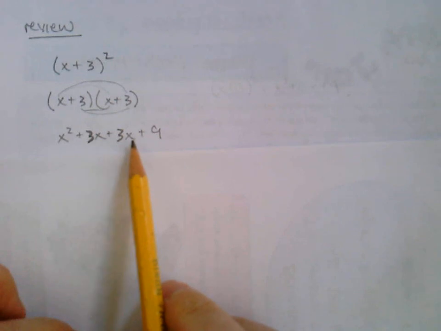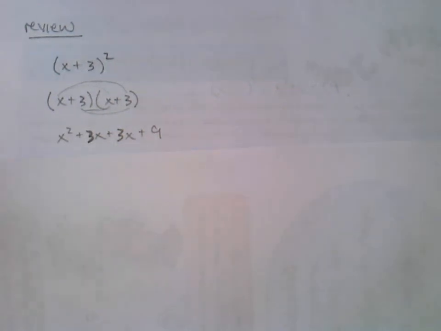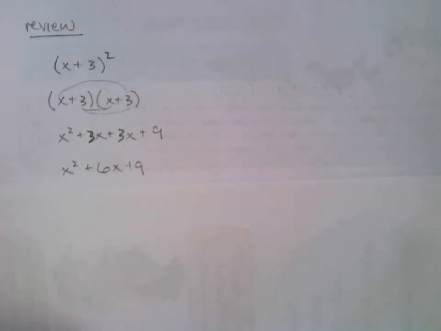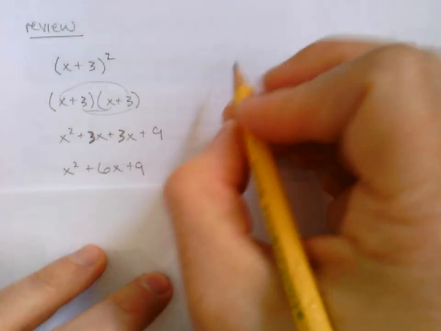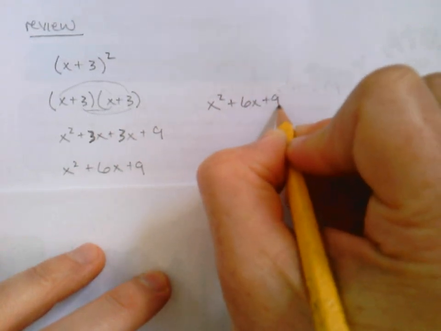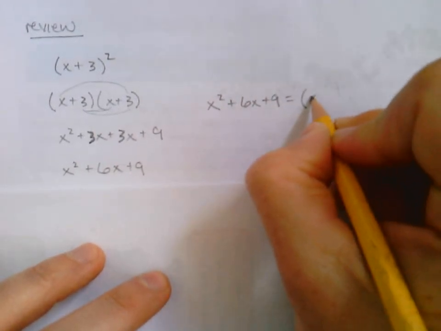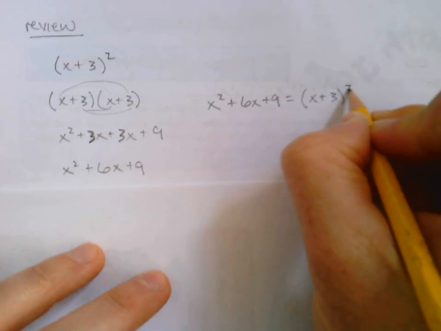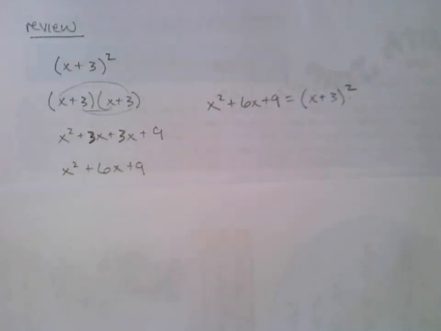X squared plus 3x plus 3x plus 9, we can combine those middle terms and arrive at x squared plus 6x plus 9. What we want to take away from this is that x squared plus 6x plus 9 equals x plus 3 squared.